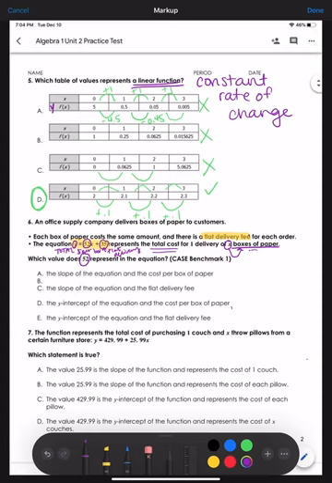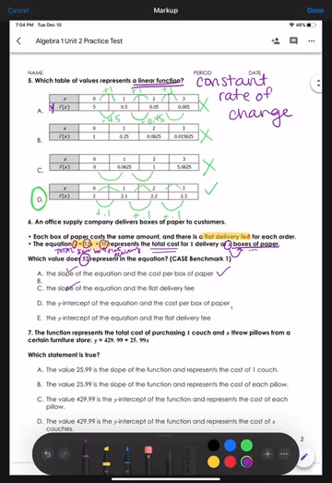So which value does 52 represent? Well, that's the money per box. So let's look here. It says the slope of the equation, which 52, if we look at it as y equals mx plus b, that is m, so it is the slope. The slope of the equation and the cost per box of paper. Yes, that's what we decided. But I want to quick check through the other ones.